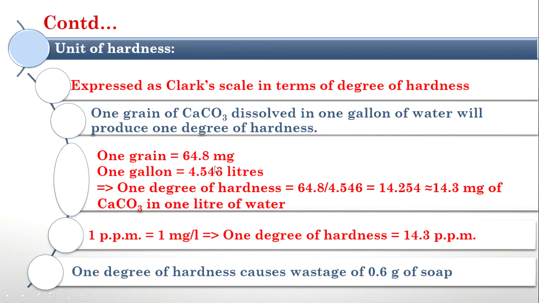So 1 degree of hardness is equal to 14.3 milligram of calcium carbonate in 1 liter of water. Otherwise, it can be expressed in ppm. 1 ppm is equal to 1 milligram per liter, which indicates that 1 degree of hardness is equal to 14.3 ppm. And 1 degree of hardness causes the wastage of 0.6 gram of soap.